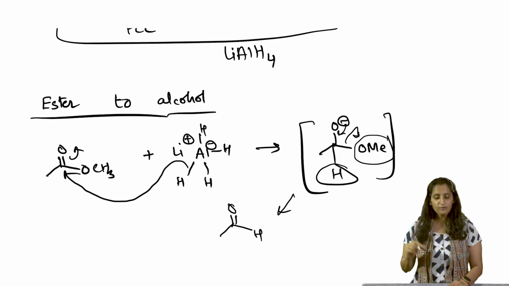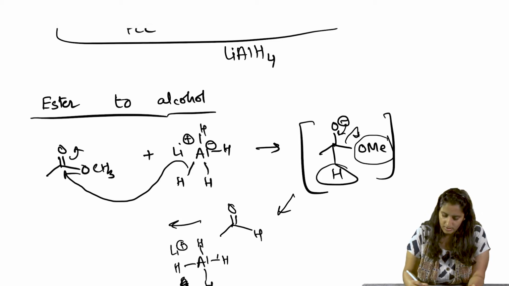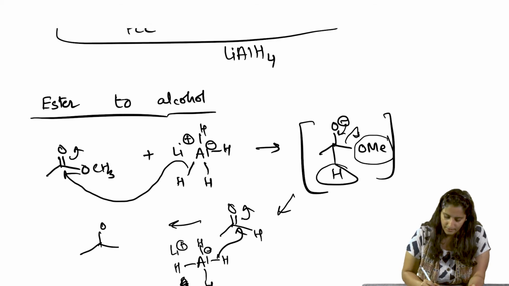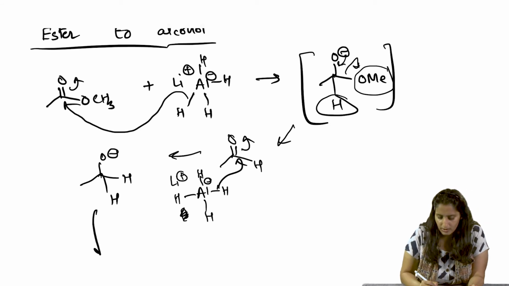But the moment you form that aldehyde, you have so much more lithium aluminum hydride in the solution, which is going to further react, and because aldehydes are much more reactive, it is going to again add here and form that O minus. Okay. Now, you have your alcohol almost there.